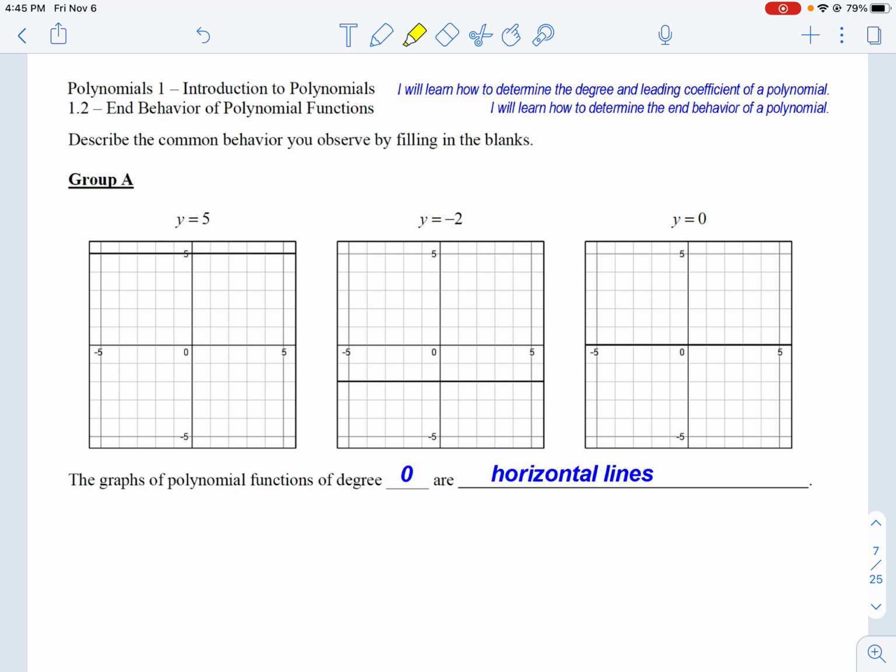Remember, I highlighted earlier that when x is equal to 0, it's equal to 1. Right? And so in all of these examples, this one is x to the power of 0. So the degree of this is 0.